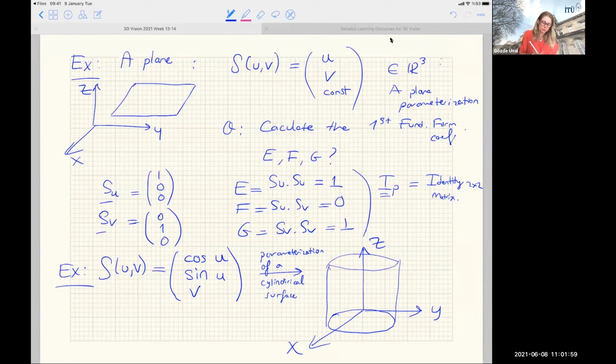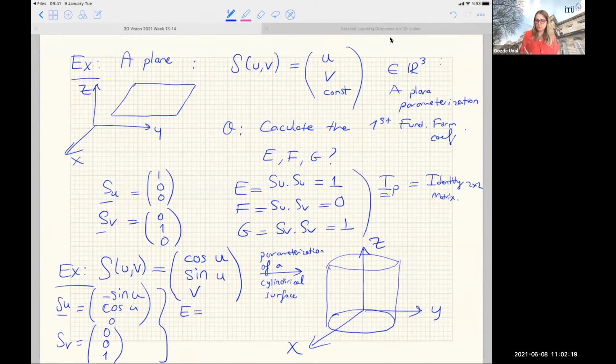S sub U is, of course, just do the math here, minus sine U, cosine U, 0. Now S sub V is 0, 0, 1. From here, E is S_U dot S_U, the magnitude of the first tangent vector, it's 1. F is 0 and G is 1.